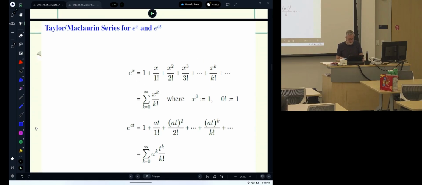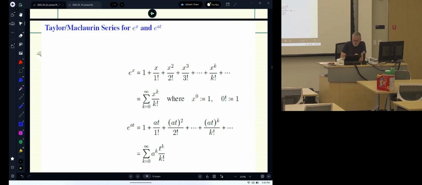You remember the Taylor polynomial: you took the function at a point x0, then its first derivative at the point x0 times (x minus x0) divided by 1 factorial, then the second derivative times (x minus x0) squared over 2 factorial, etc. So we're taking x0 to be 0 here.